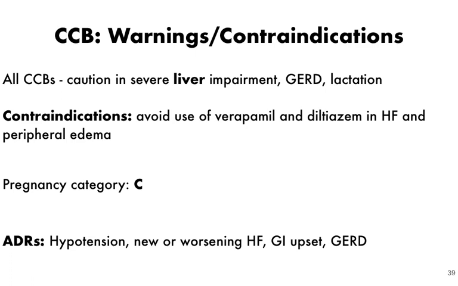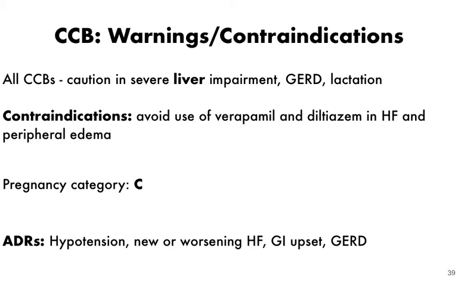All the calcium channel blockers are, to some extent, hepatically metabolized, so we need to avoid those in people who have severe liver impairment. From an adverse drug reaction standpoint, of course, they can cause some hypotension if the dose is too high or in the first few weeks of treatment. Another common complaint is heartburn or GERD.